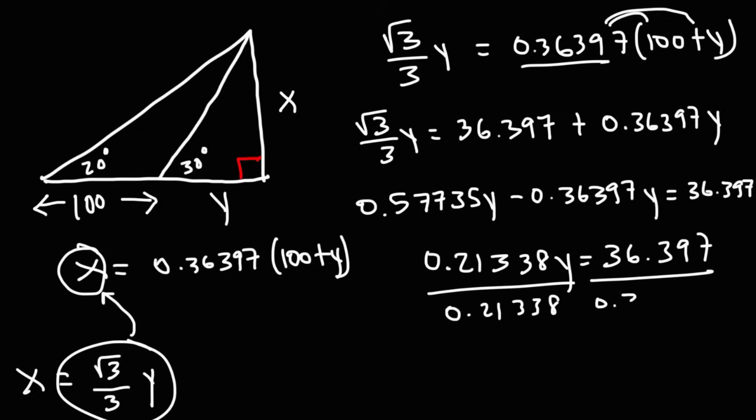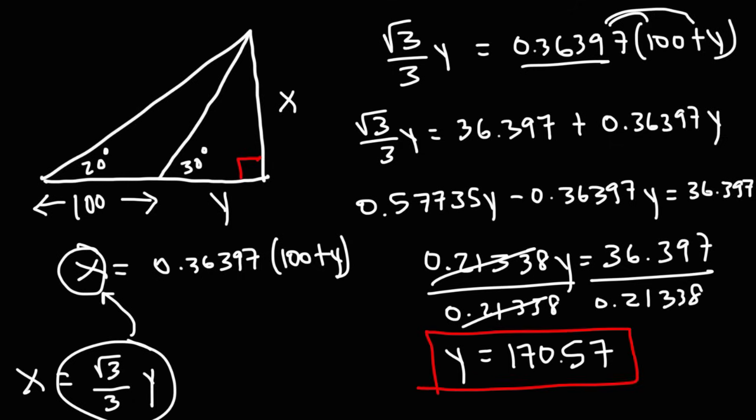Now, we need to divide both sides by 0.21338 to get y by itself. So y is going to be 36.397 divided by 0.21338. And so y is 170.57.